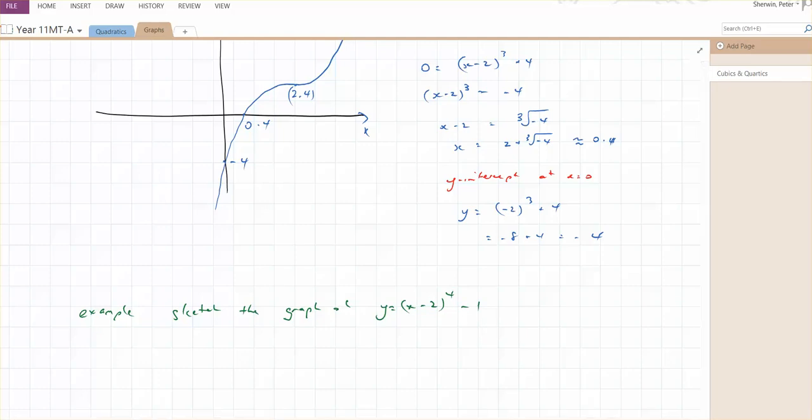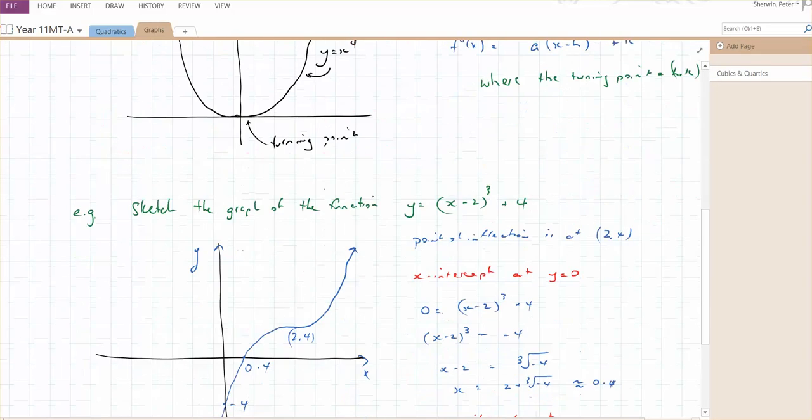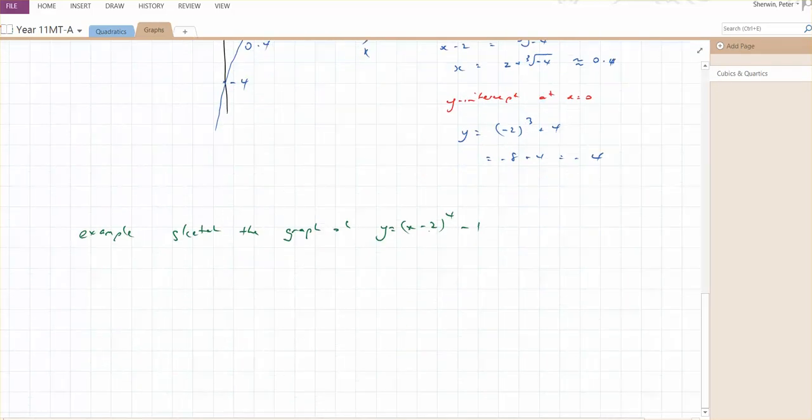So let's find our point. In this case, for a quartic, it's a turning point. So the turning point is going to be at 2, minus 1. Let's make a note of that. Turning point at 2, minus 1.